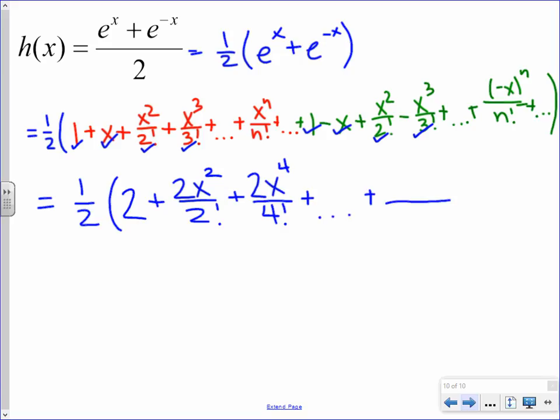How would we write that in general? Okay, so make every n a 2n. And then notice how these are all doubled, right? And so we would need the double.